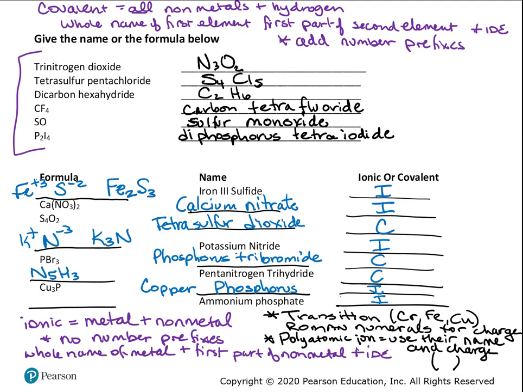Remember, the Roman numeral tells you the charge. So I've got to figure out the charge. I'll just put it up here so you can see it big. If you look at phosphorus, phosphorus is in group 5, so its charge will be a -3. Do you see that those match? The -3 and the 3 copper? See that diagonally they match? So that means diagonally the other 2 will match.